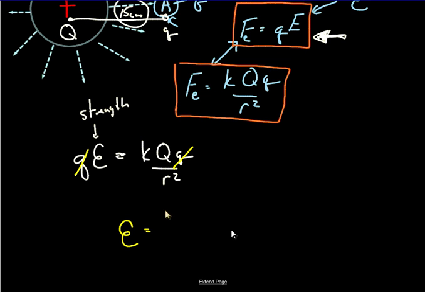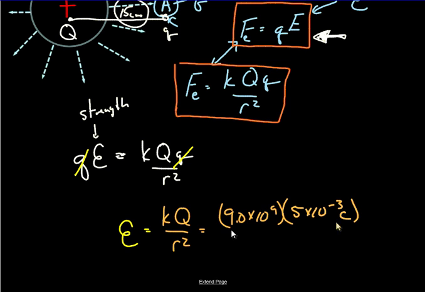So what do we get? We get kQ over R squared. Very useful formula. So 9.0 times 10 to the 9 times Q, we said that's 5 times 10 to the negative 3 coulombs. I think I said millicoulombs. Yes, I did.